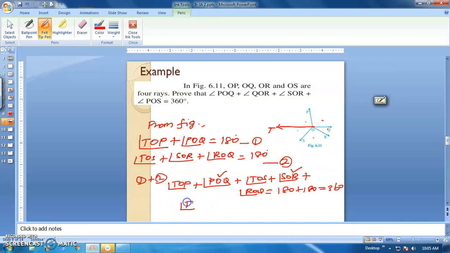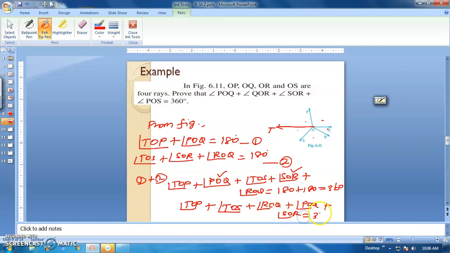So angle TOP plus angle TOS plus angle ROQ, and the remaining 2 angles, angle POQ plus angle SOR.